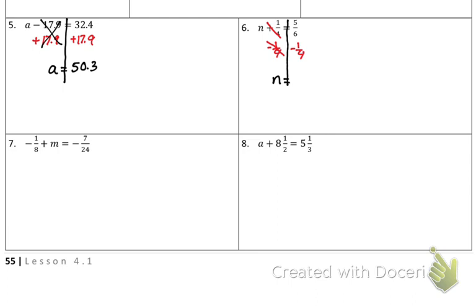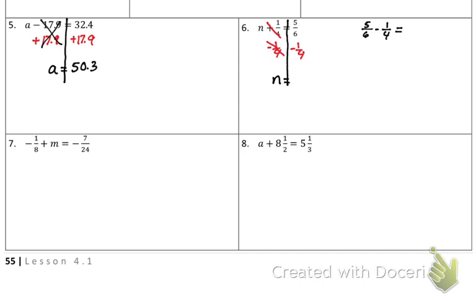So we're going to, off to the side, do 5/6, and we are subtracting 1/4 from it. Okay, then let's do it. Does anyone remember what we need in order to add or subtract fractions? Yeah. I need a common denominator.